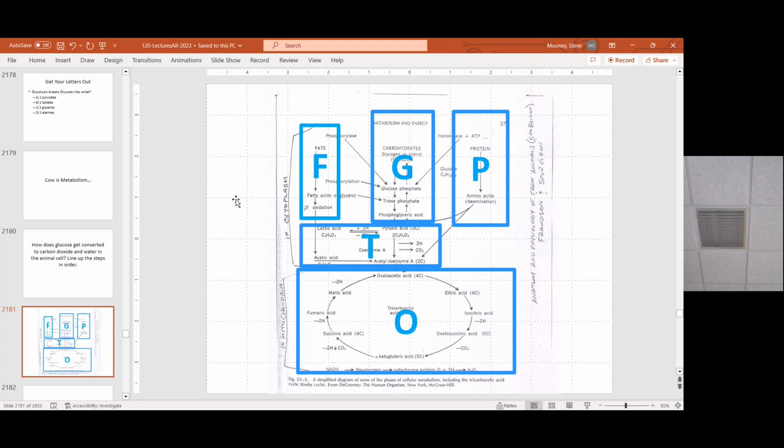So what steps does a carbohydrate go through? Anybody want to shout that out or turn to a neighbor and figure it out? What did we say last time?